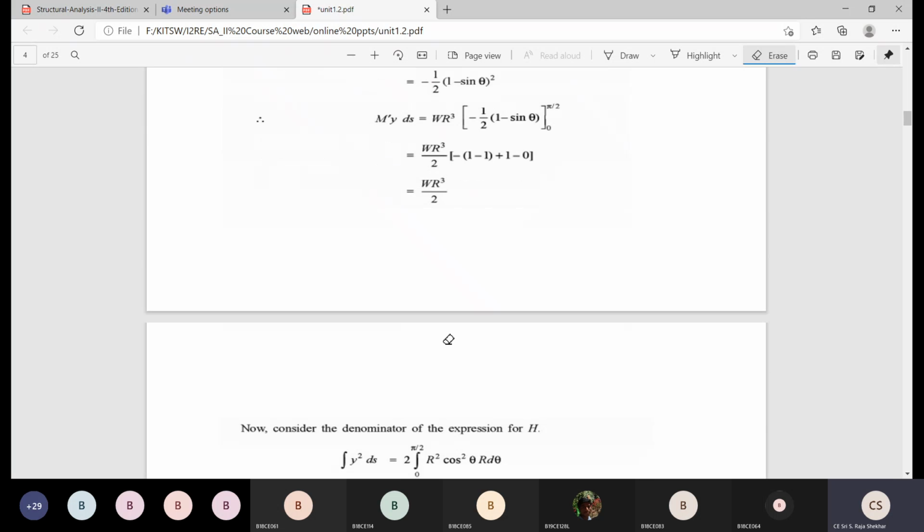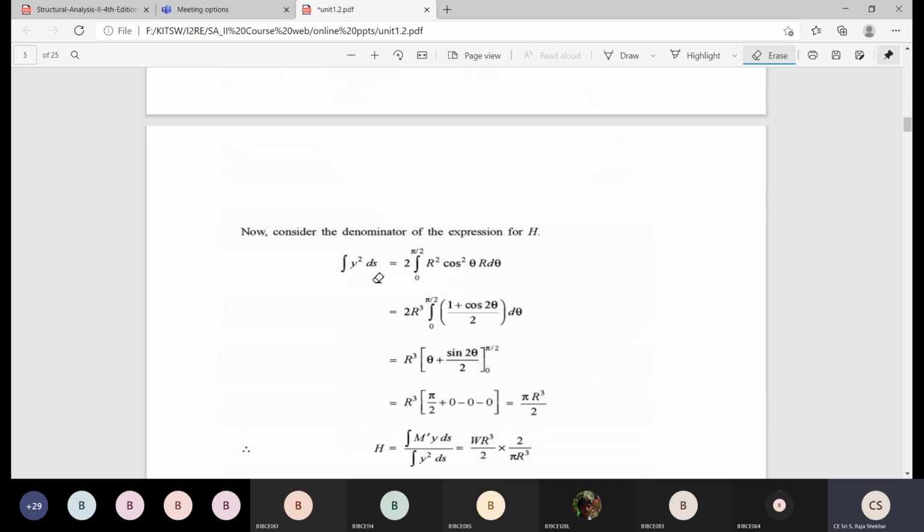Now we calculate the denominator, the integration of y square ds. Y is equal to r cos theta, so r square cos square theta, and ds is equal to r d theta. Integrate in the range 0 to pi by 2.